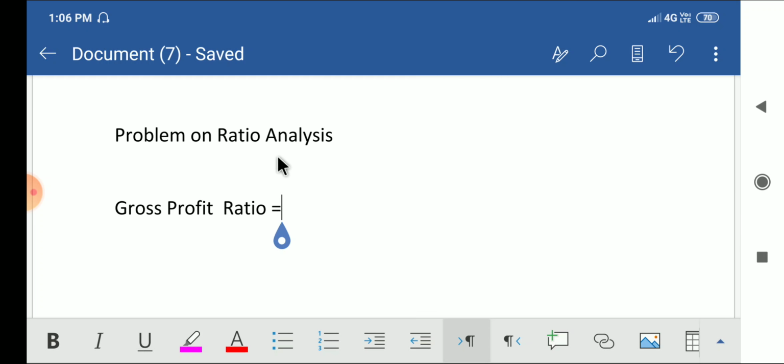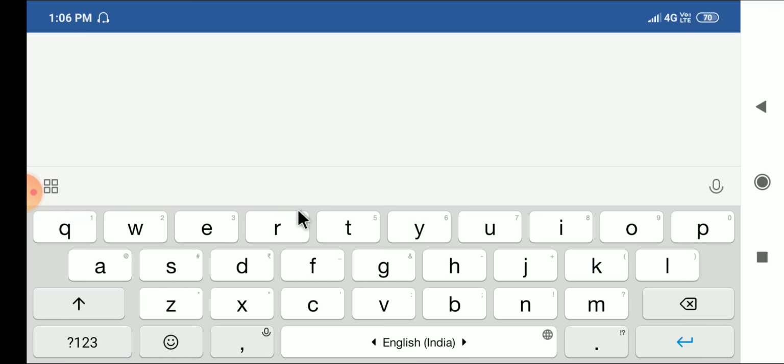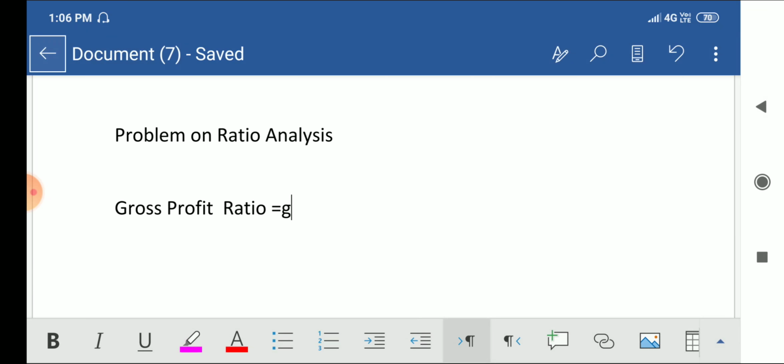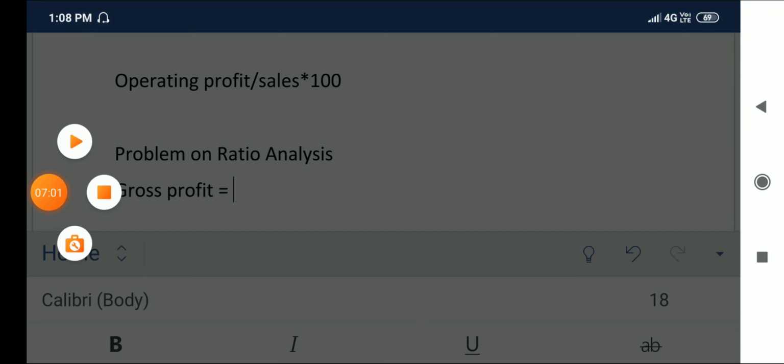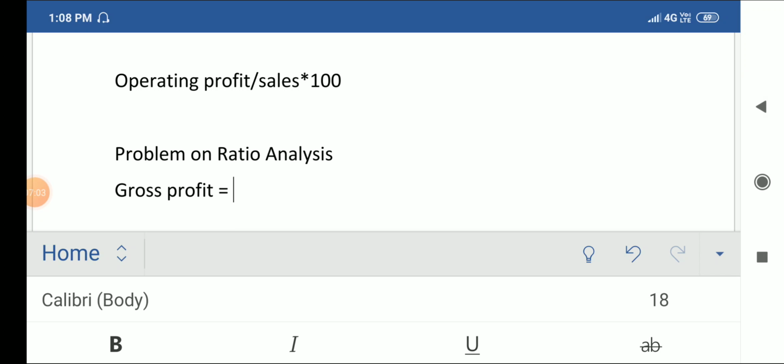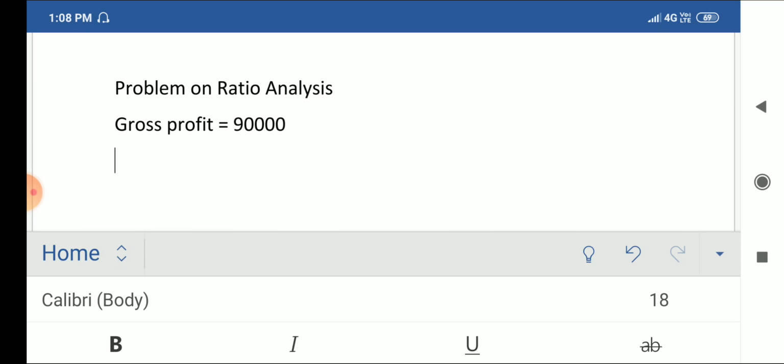The problems on ratio analysis. Firstly, we show gross profit ratio. Here gross profit is given as 90,000 rupees and net sales given as rupees 3 lakh.